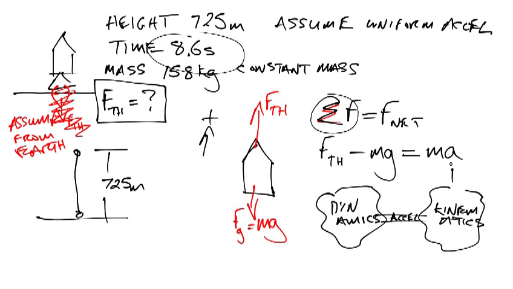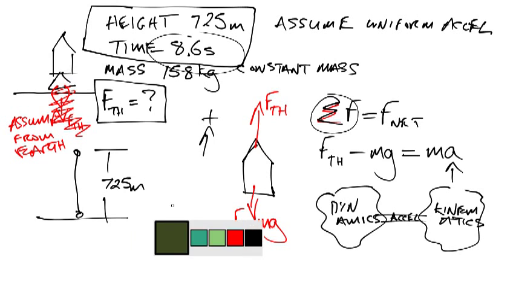So this acceleration is what is going to connect the two. Now, if we think about what we're given in the problem, look at this: a height and a time. That's a kinematics problem. Let's figure out if we can determine the acceleration from that kinematics problem.